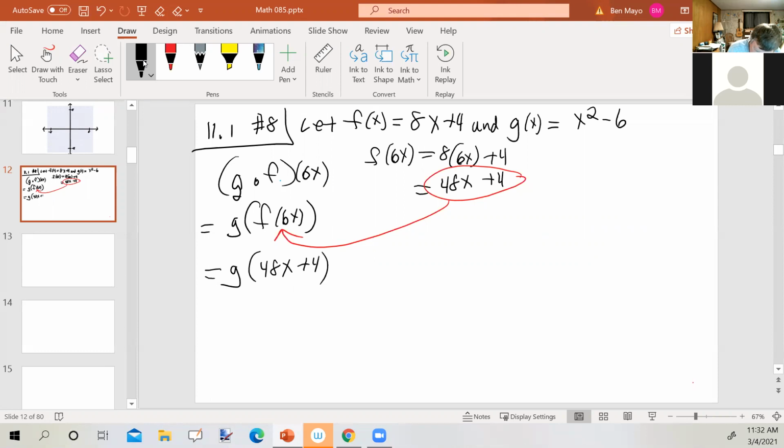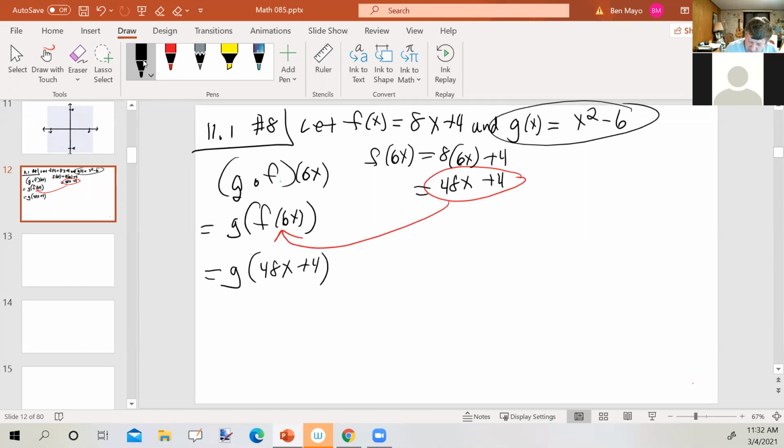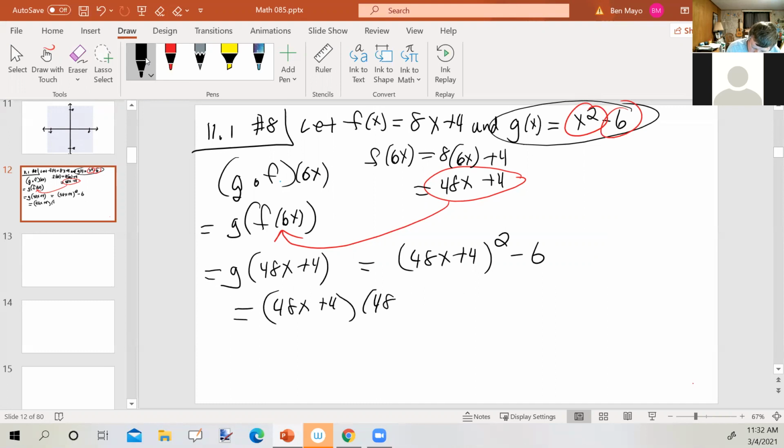48x plus 4. So we're going to take the g of x function and evaluate it at 48x plus 4. So that would be 48x plus 4, the quantity squared minus 6, because again, we've got x squared minus 6. But that gives us 48x plus 4 foiled with 48x plus 4 and then a minus 6.